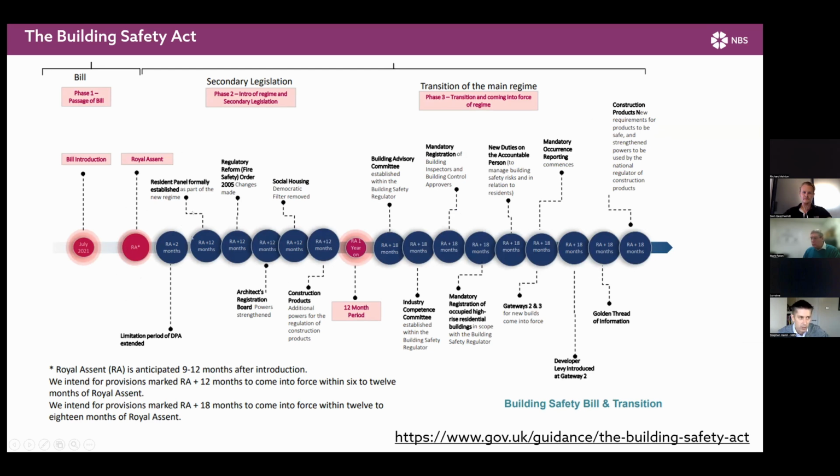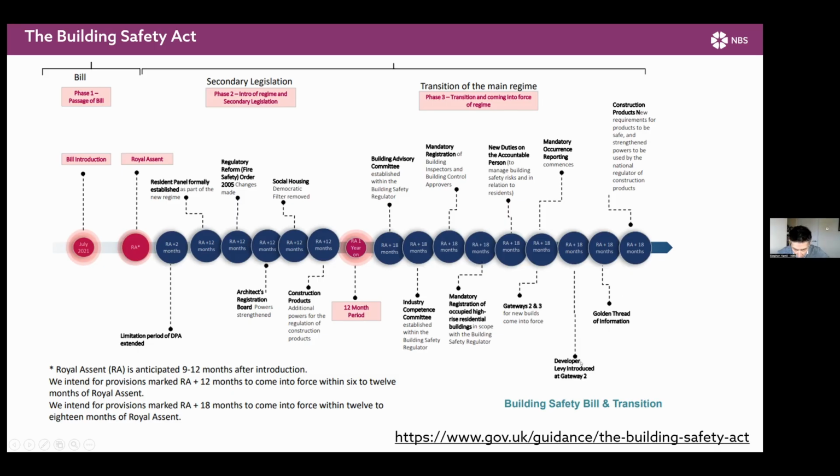Last April, it got royal assent, turned from a bill to the act, and then there are some quite significant milestones over the first year and then the second year. Things like golden thread's full definition, gateways 2 and 3, construction product regulation, changes to the Architects Registration Board. So it's a real full plan there.